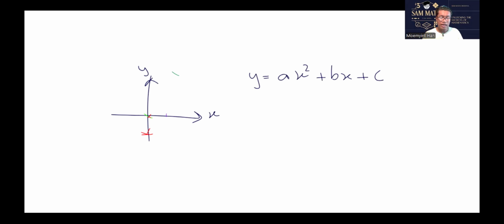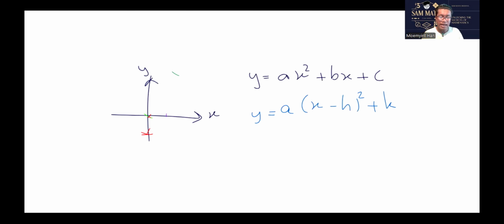This equation, the vertex form, exists in the form of y equals a(x minus h) the whole squared plus k. Okay, I feel like this equation is a lot easier for us to understand how a graph will turn out to be.